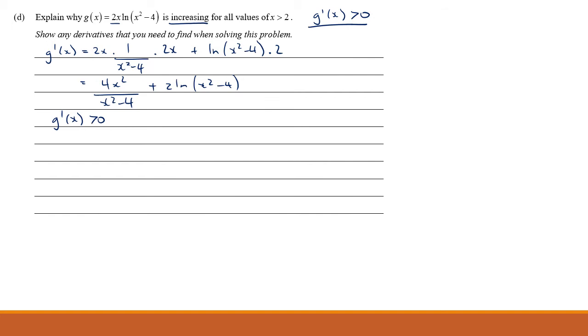So all I've got to do is, if that's going to be greater than 0, make sure that each of these components is greater than 0. There's another component here, because if all of these components are greater than 0, then will this not be greater than 0?